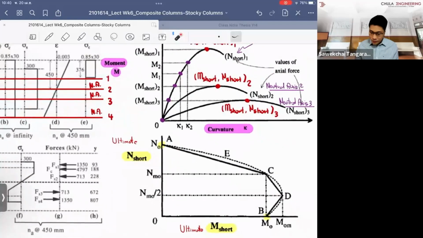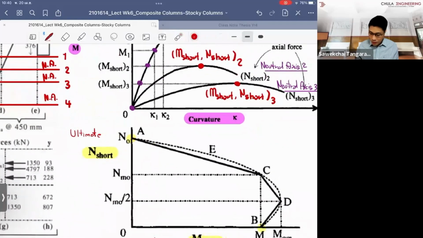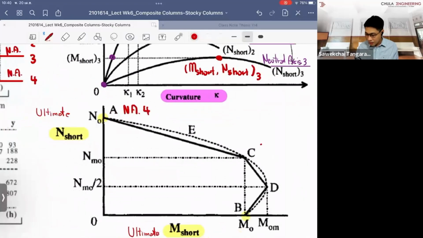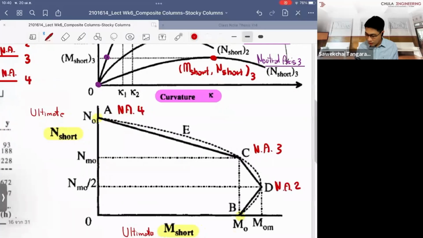So what I'm trying to say here is that when we vary the neutral axis depth, starting from this point, you may have the neutral axis depth at level 4, this point at level 3, then 2, and the last one is 1.